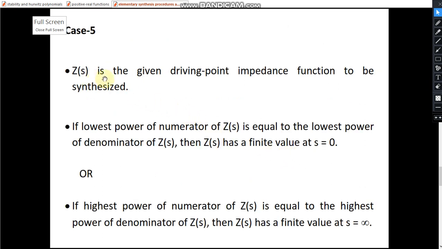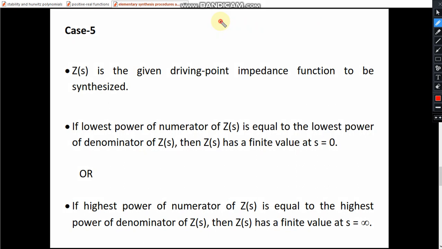In case 5, Z(s) is the given driving point impedance function to be synthesized. If the lowest power of the numerator of Z(s) is equal to the lowest power of the denominator, or the highest powers are equal, then we can remove a finite value at the origin in this case and a finite value at infinity in this case.